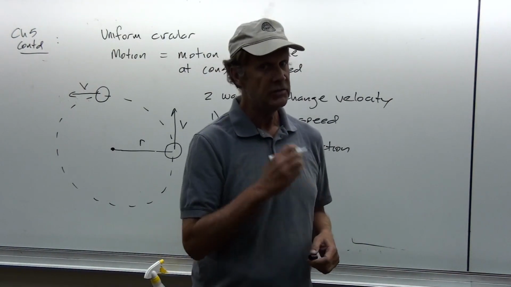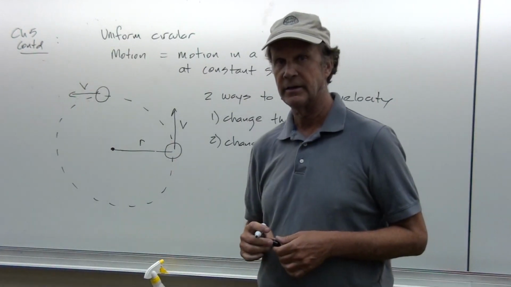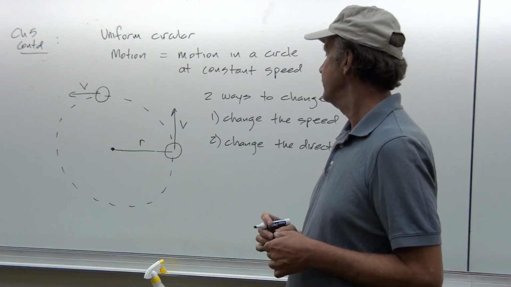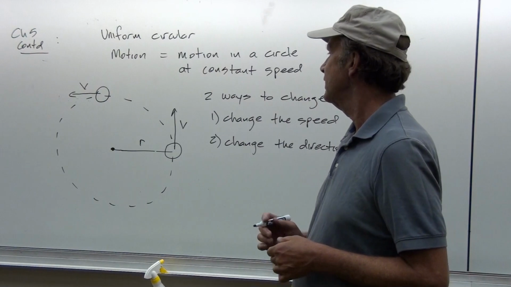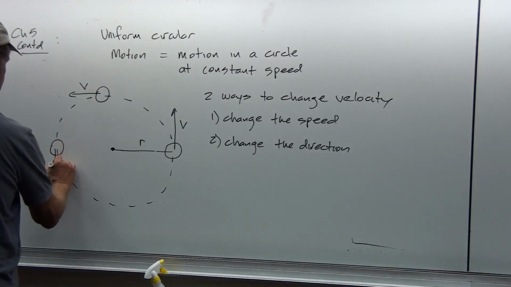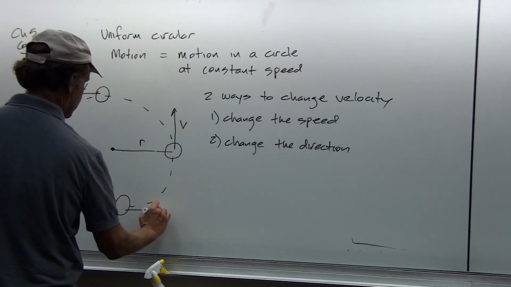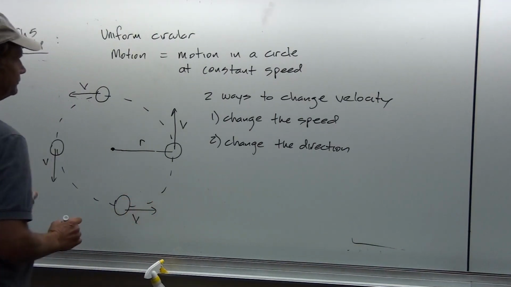The speed can change too, but that's a little more complicated. We'll get to that in a later chapter. For the moment, we'll just imagine that this thing, as it goes around, has the same speed, but the direction of the velocity vector from moment to moment is changing.